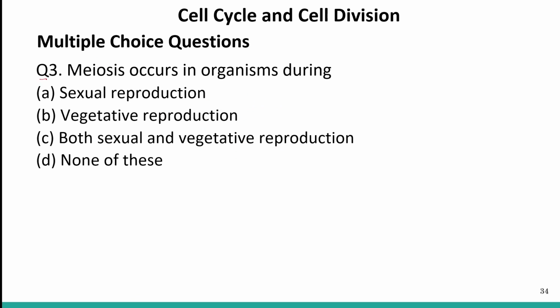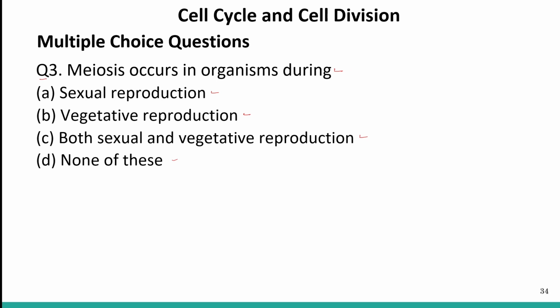Now coming to the third MCQ, meiosis occurs in organisms during: sexual reproduction, vegetative reproduction, both sexual and vegetative reproduction, or none of the above. Meiosis, we already know, takes place in the germ cells, the reproductive cells or sex cells.